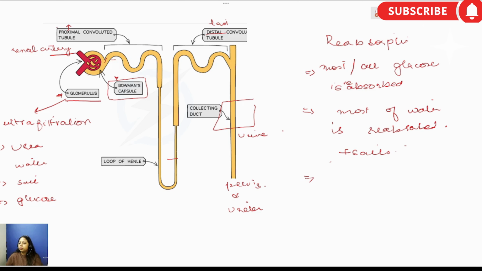Let me ask you something. Which substances are completely reabsorbed?